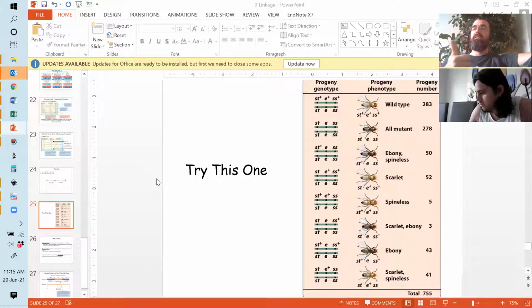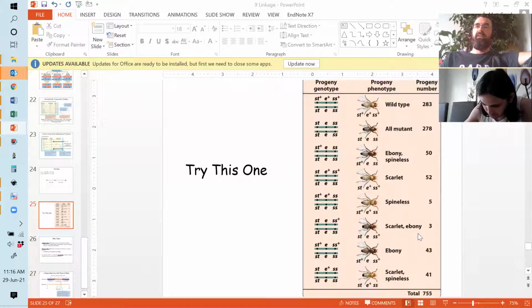Now we need to find the result of a single crossover between ST and SS. Right, so what's that going to look like? So let's start with ST. We're going to have ST plus. What are the other two alleles going to be if the crossover is between ST and SS?